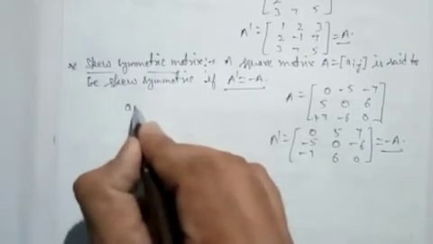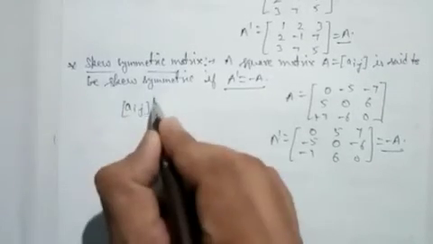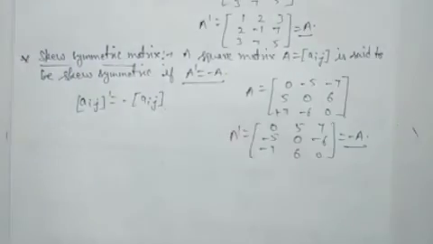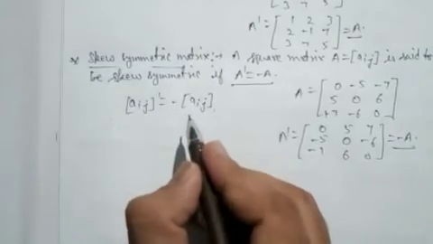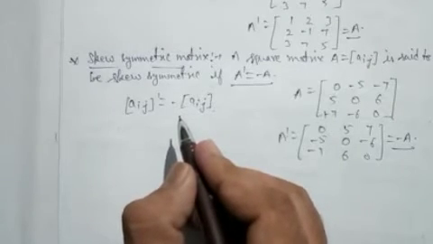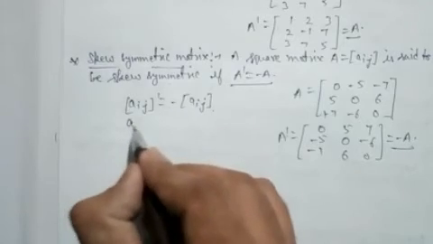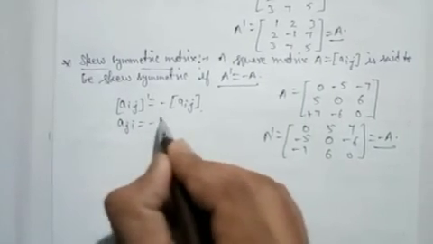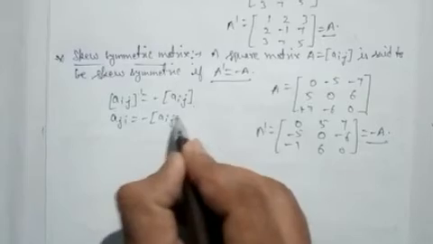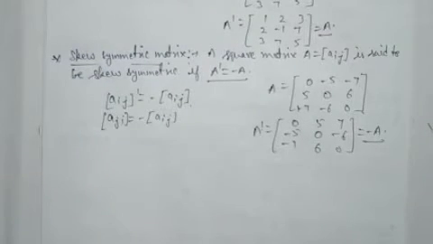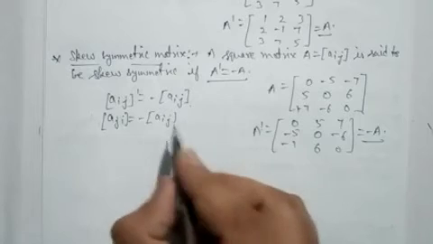Means in other words we can say that A transpose equals minus A, means (A_ij) transpose equals minus of A_ij. So A_ji equals minus of A_ij. Clear? For all possible values of i and j.